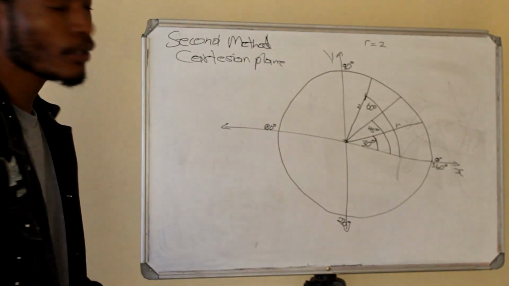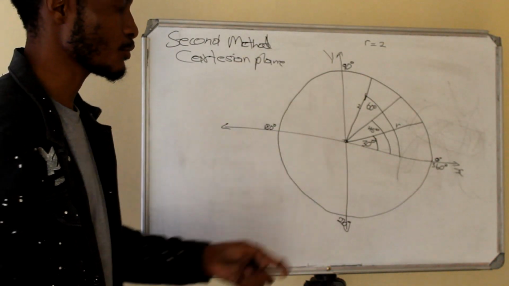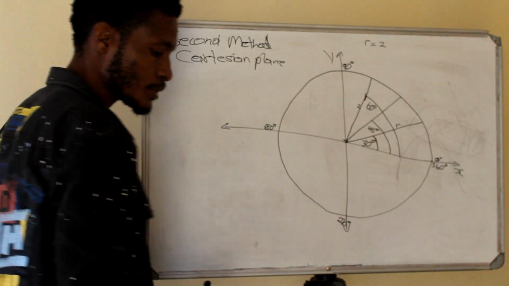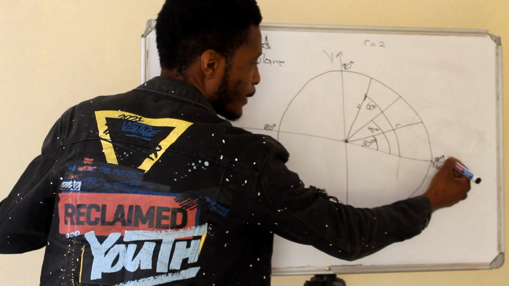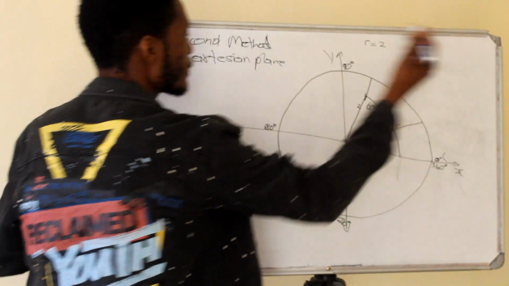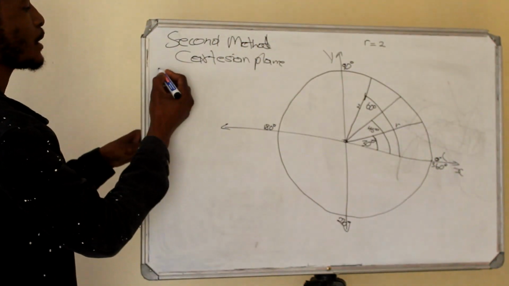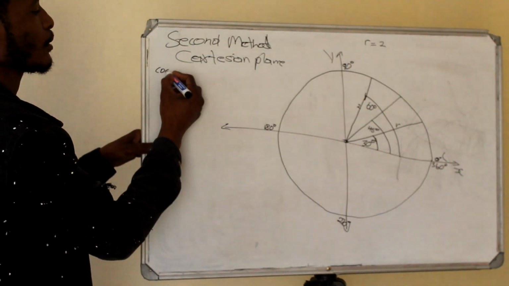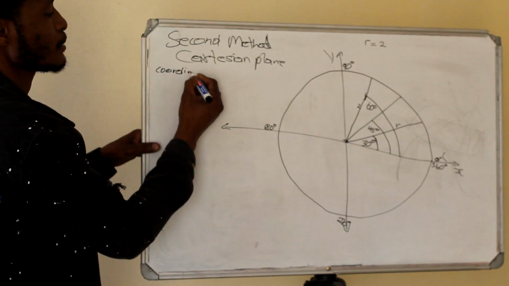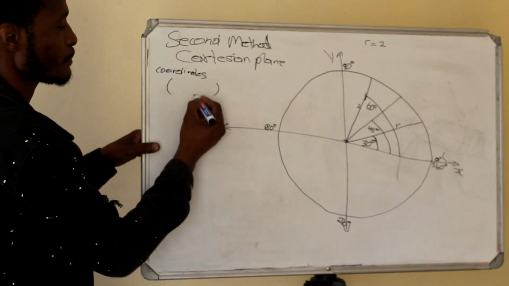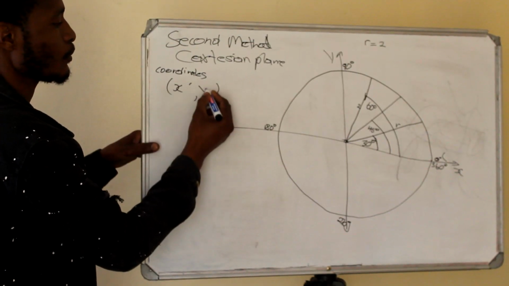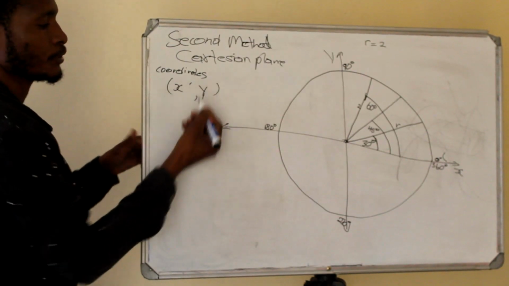Now when we make coordinates using that 2, remember that coordinates are represented by two values, your x and your y, which is your abscissa and your ordinate.